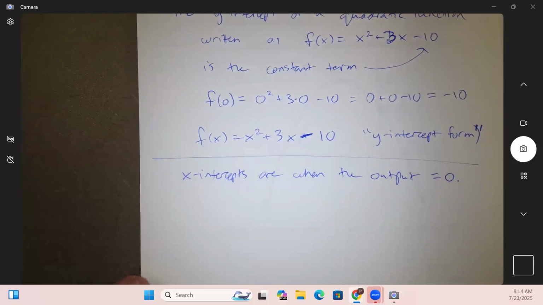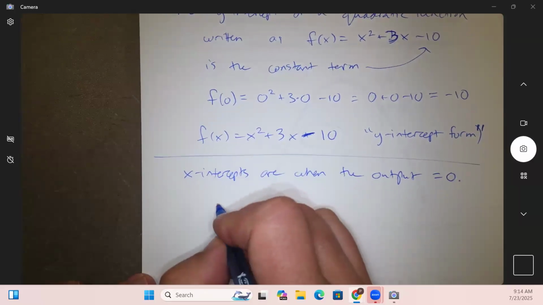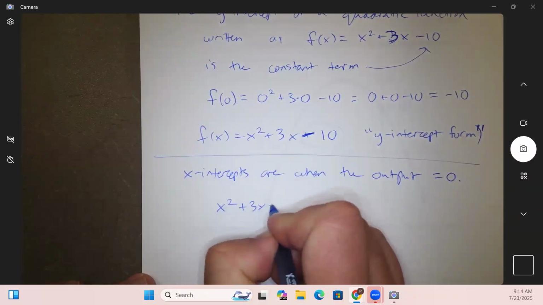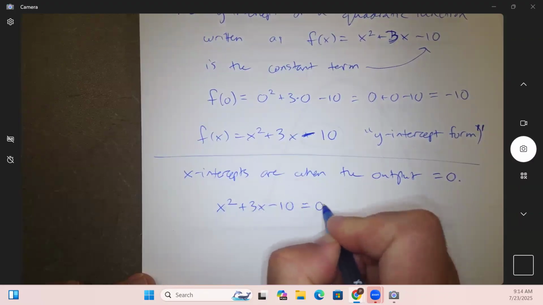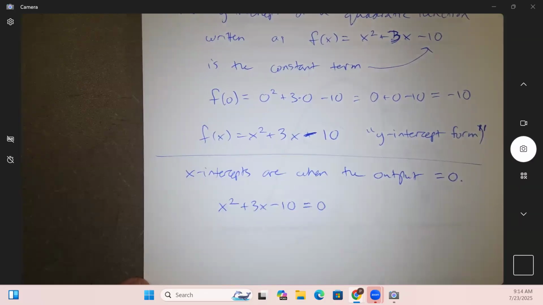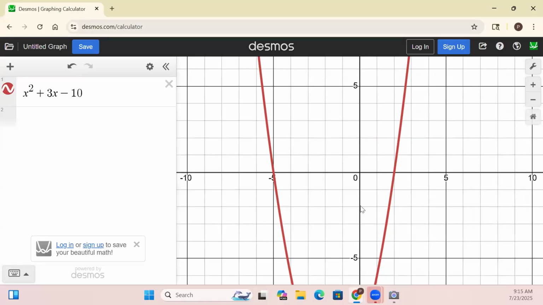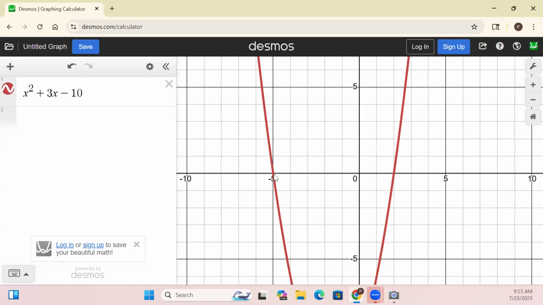That's when I have something like x squared plus 3x minus 10 equals 0.